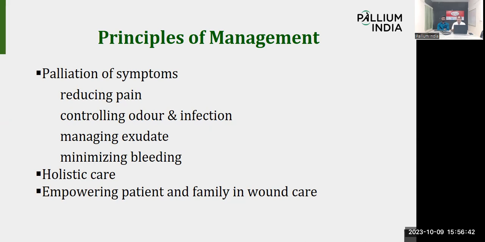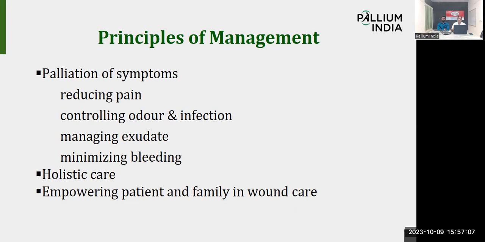And also empowering patient and family in wound care. Whatever wound preventive and management strategies we have learned, we have to empower them so that they can do it and go forward, right? And also you can make a wound non-odorous, that is, malodor can be relieved and pain can be controlled. If symptoms are controlled, the patient will be happy. Okay, so empowering them is very important.